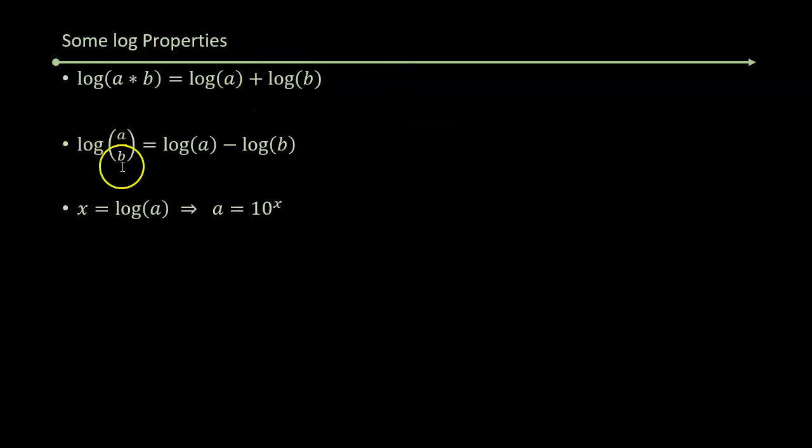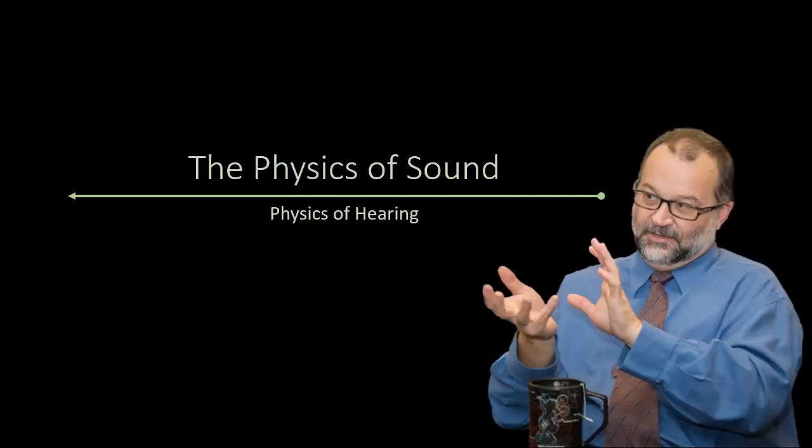And we took division, log of A over B, and turned it into subtraction, log of A minus log of B. All right, so the slide rules were all about taking multiplication, which was hard to do in your head, and turning it into addition, and division, which was hard to do in your head, and turning it into subtraction. The inverse function, if you have x equals log of a, the inverse function is a equals 10 to the x. And that covers everything we're going to cover about the physics of hearing.